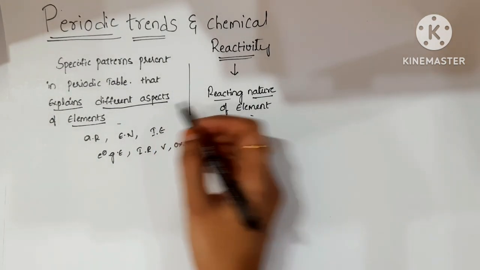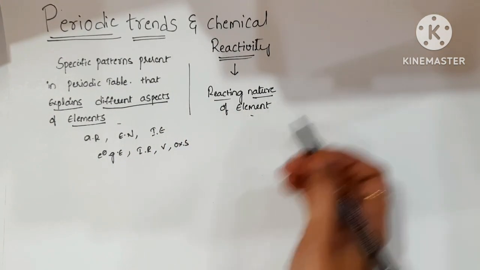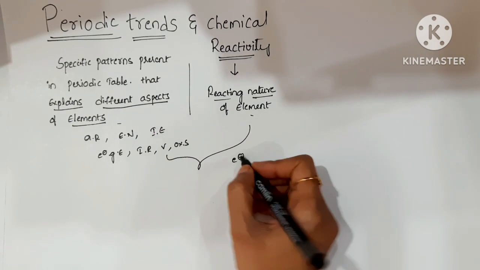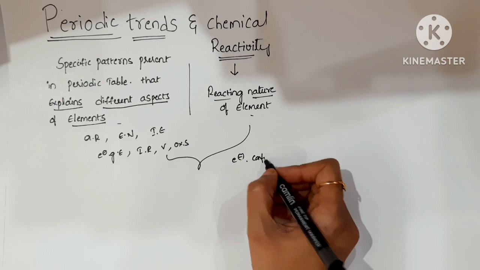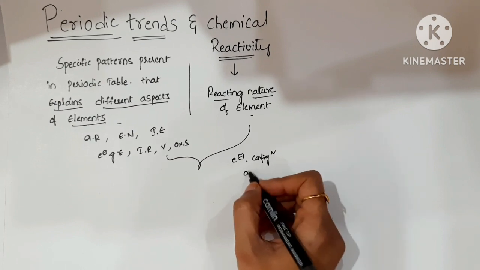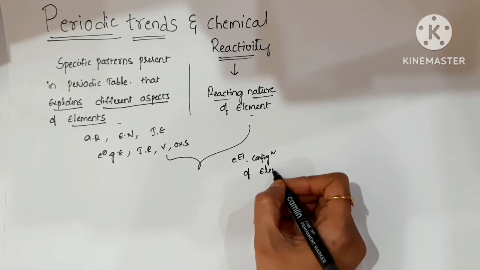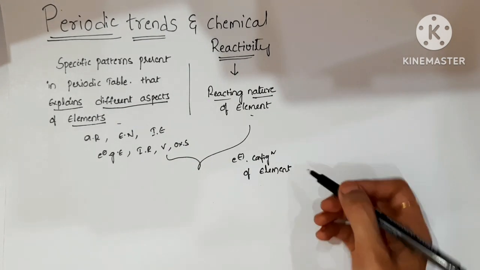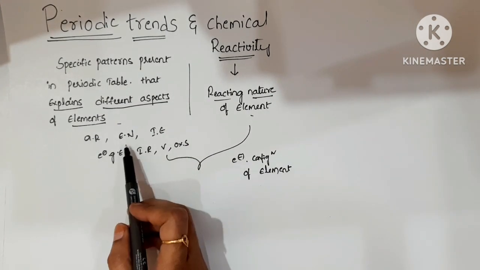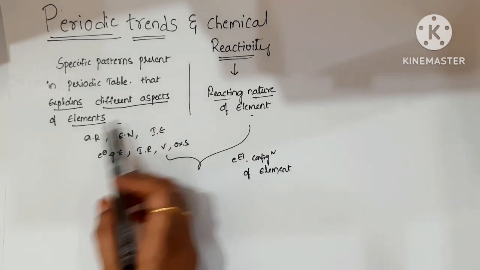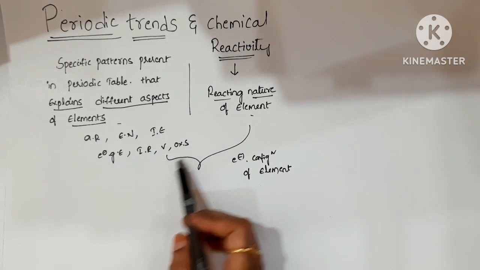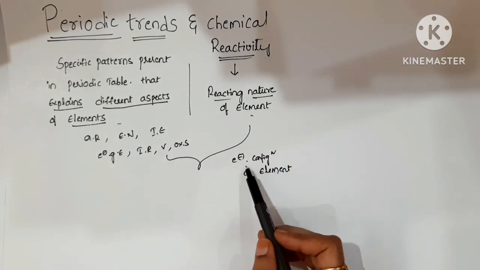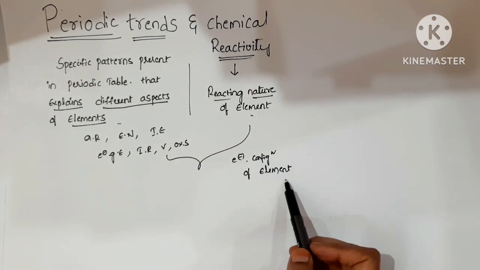These periodic trends and chemical reactivity are all related to the electronic configuration of elements. The reacting nature, atomic radius, electronegativity, ionization, all these aspects purely depend upon the electronic configuration of elements.